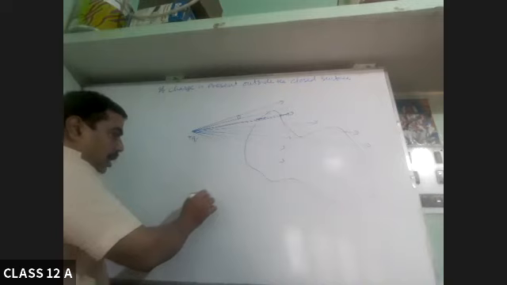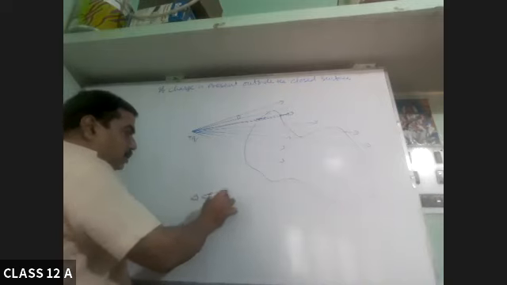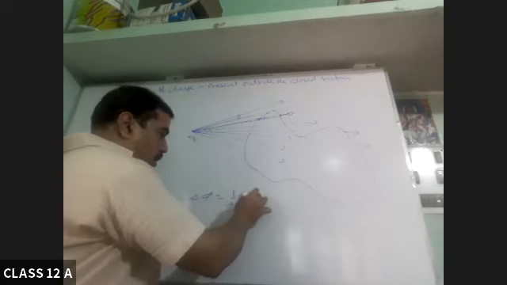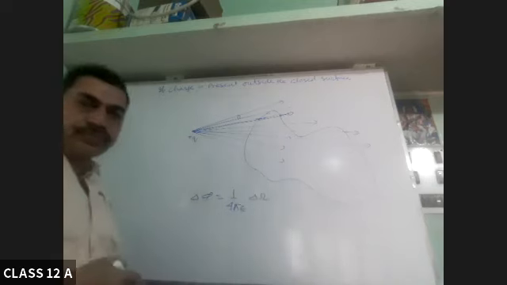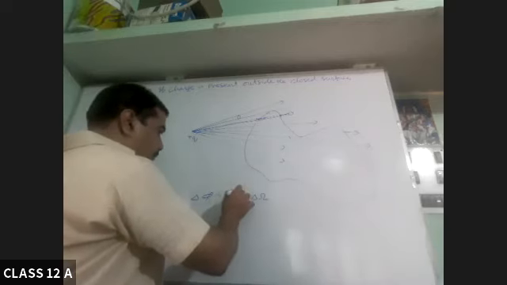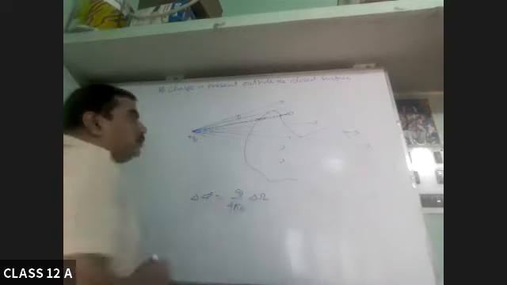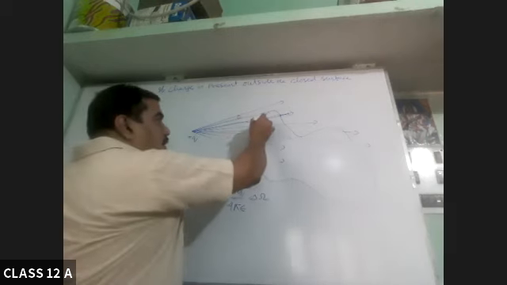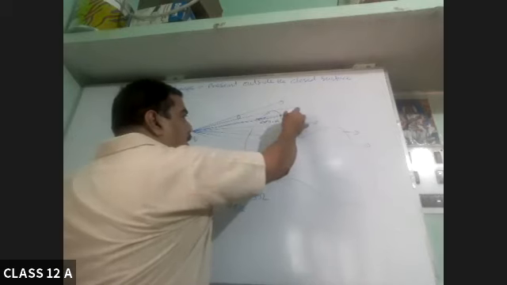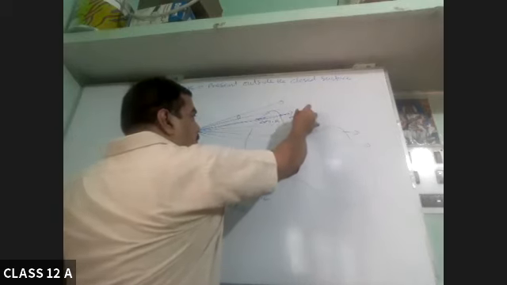And we have derived that delta phi is 1 by 4 pi epsilon, delta omega, and Q is also there. So in this case delta phi is negative, and here delta phi is positive.